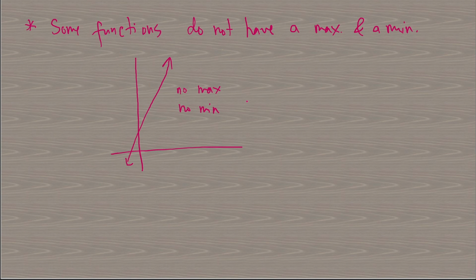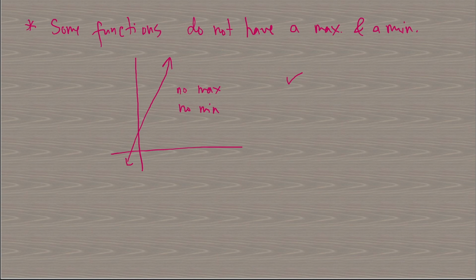This is an example in which we can say that there is no maximum and no minimum, because this is a line and it will extend infinitely downwards and upward. So don't forget that there are some functions which have no maximum and no minimum.